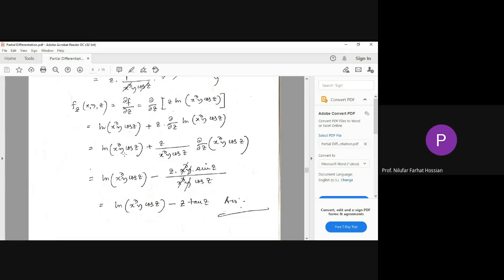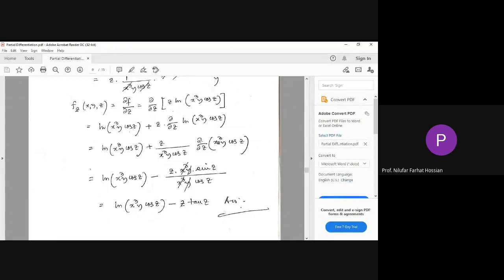Plus z into del z of ln of this. So this term will be there overall in all the steps, and here z into del z of this. So again, ln of this whole thing should be treated as your z. So ln z gives you 1 over z. That means z by this x cube y into cos of z, and this whole thing should be differentiated partially again with respect to z and multiplied with this thing. So del z of this. So in this case, which are constant factors? x cube y will be constant factors.